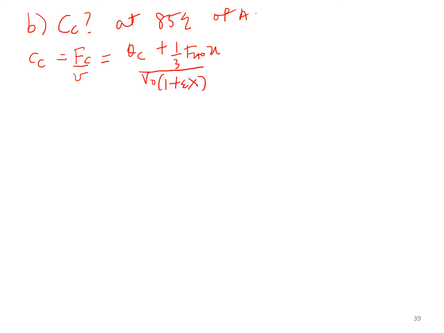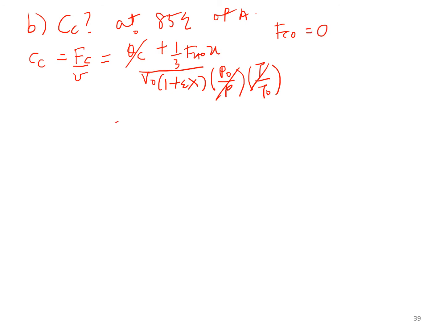Actually we have another term, but since it is isothermal and at constant pressure, we can omit it. This one is also 0 because FC0 at T0 should be equal to 0.